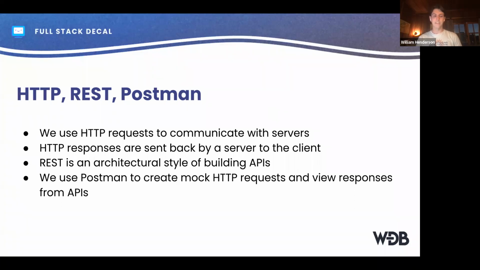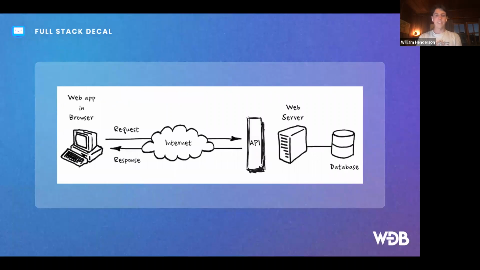And then finally, last lecture, we used Postman to make some HTTP requests and view those responses from APIs in a very structured and easily formatted way. As a reminder, this is kind of what that process looked like. Can you guys see my mouse, by the way? Yeah, awesome.